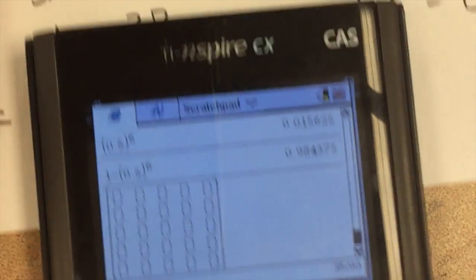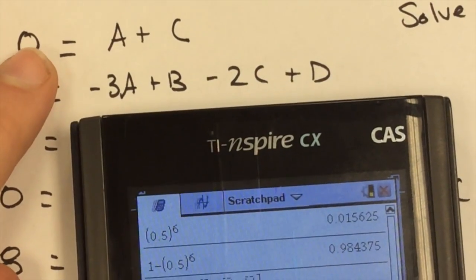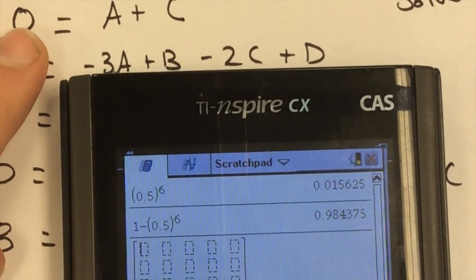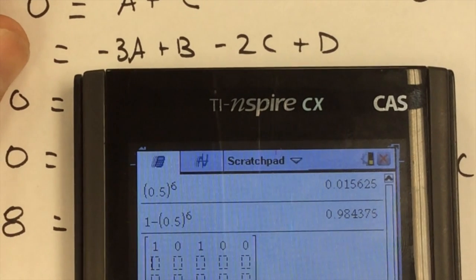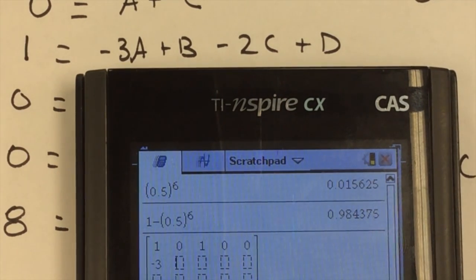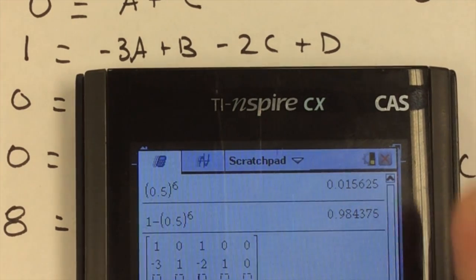So my matrix for my first row would be 1, 0 b's, 1 c, 0 d's, 0 e's. My next one would be negative 3, then 1, then negative 2. Make sure that I type that in right. Negative 2, then 1, then 0, because I have 0 e's.